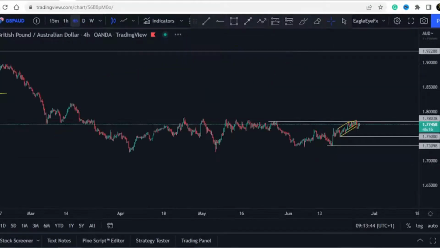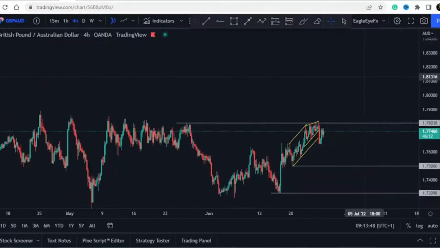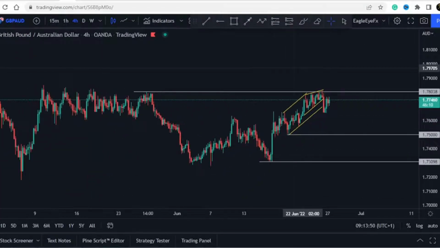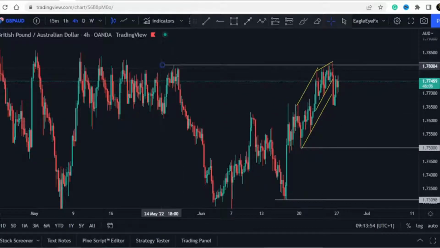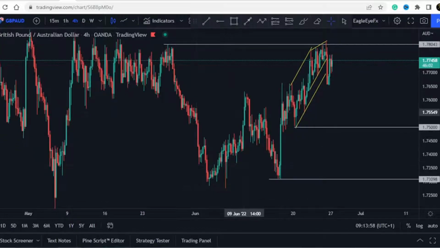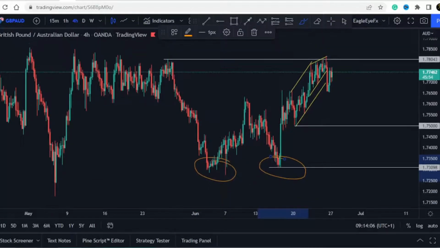So let's go to the 4-hour time frame. On the 4-hour time frame, you can see that we've got a structure here. We had this high over here, and the market came all the way down, and here it gave us a beautiful double bottom before we saw a push to the upside.